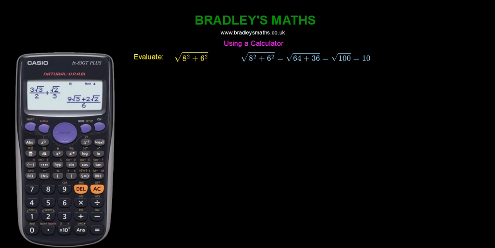Okay, let's go ahead and do the calculation. So let's start with showing you where the keys are. This here is the square root key. This is the squared key.